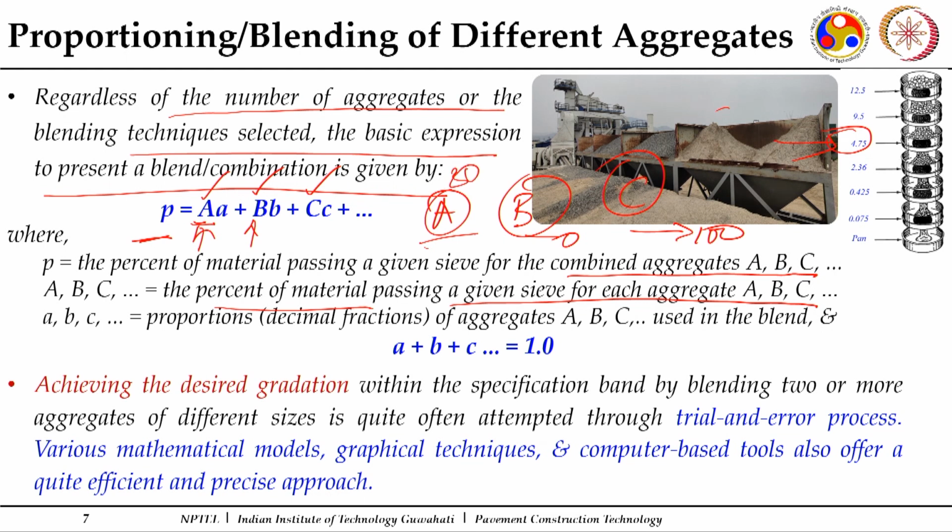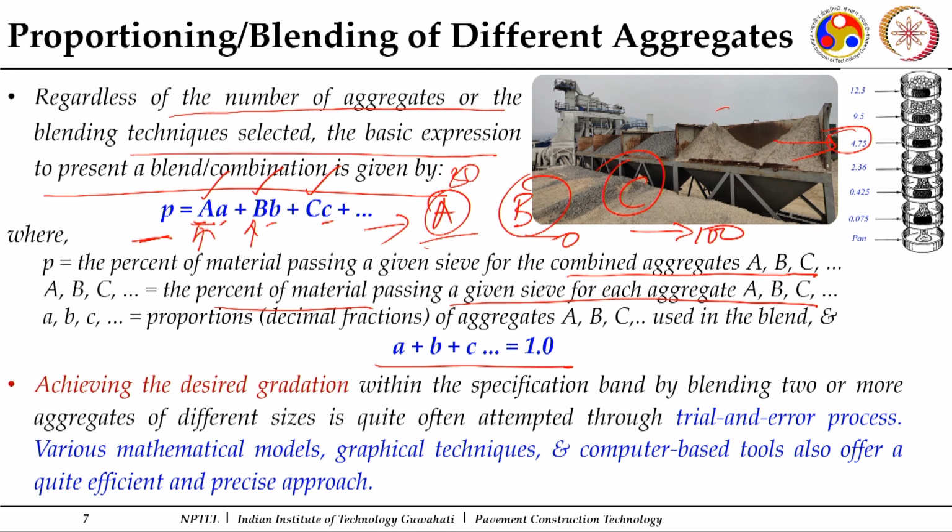So, 3 stockpiles of aggregates are used, and now I want to show what happens if I combine them in a particular proportion. What proportion am I using? A, B and C, and this A, B, C has to add up to 1, because when they are combined together, finally this has to come up as 1.